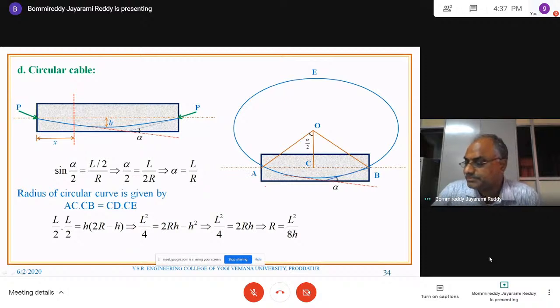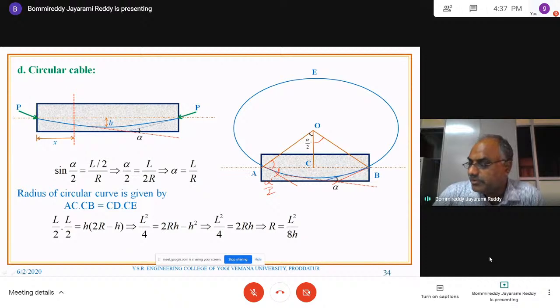One is sin alpha by 2. If you join the ends with the center O, this is alpha by 2, and this is again alpha by 2. If this tangent is alpha by 2, it is also alpha by 2 here.